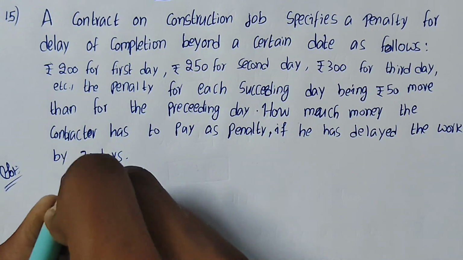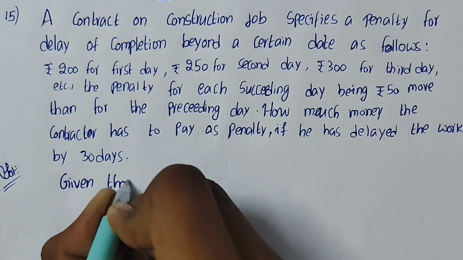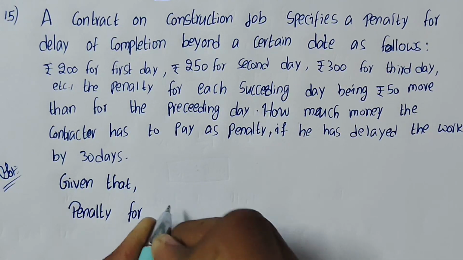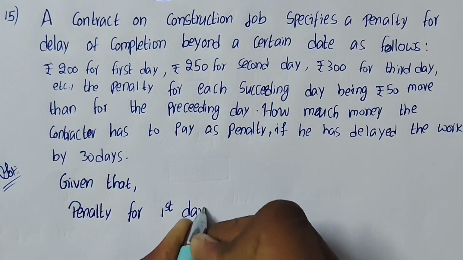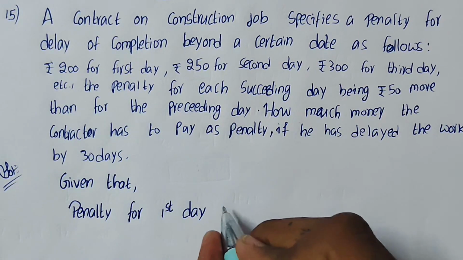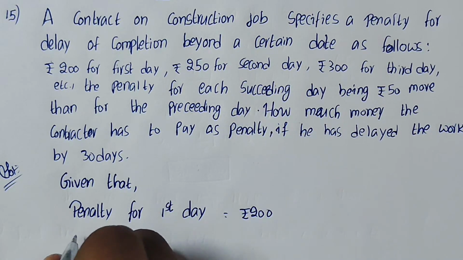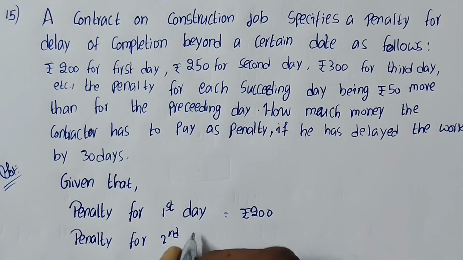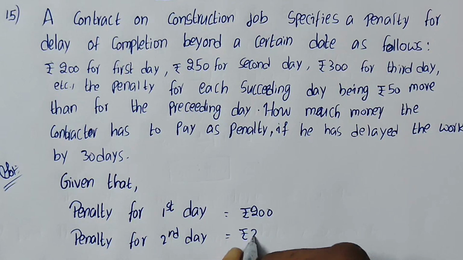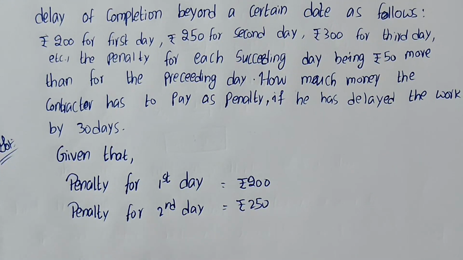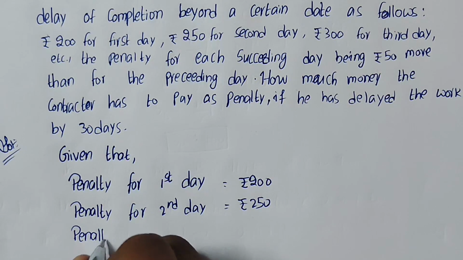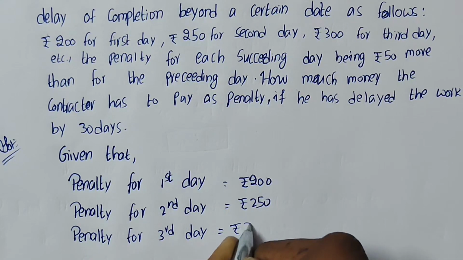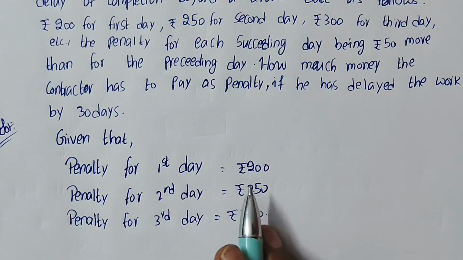So I am given that the penalty for the first day is 200 rupees, the penalty for the second day equals 250 rupees, and the penalty for the third day equals 300 rupees, and so on.